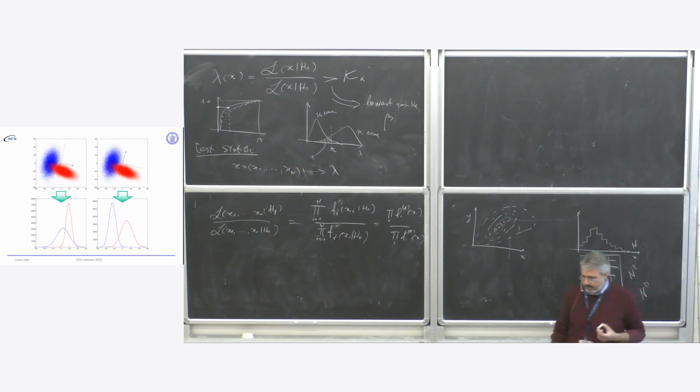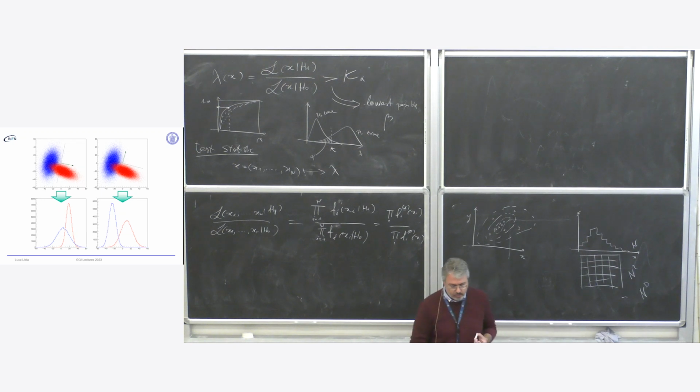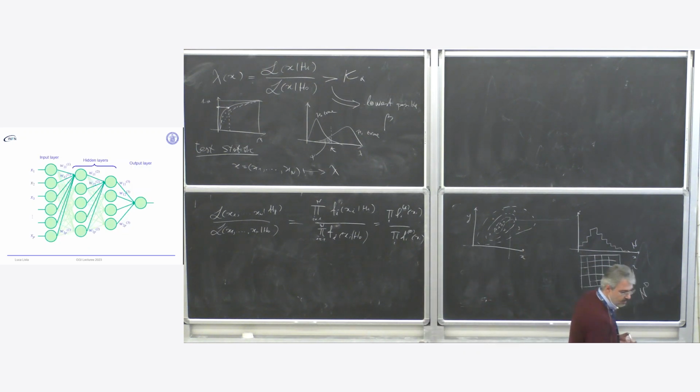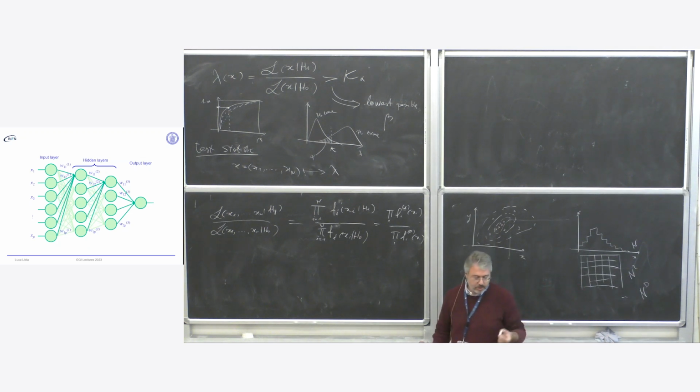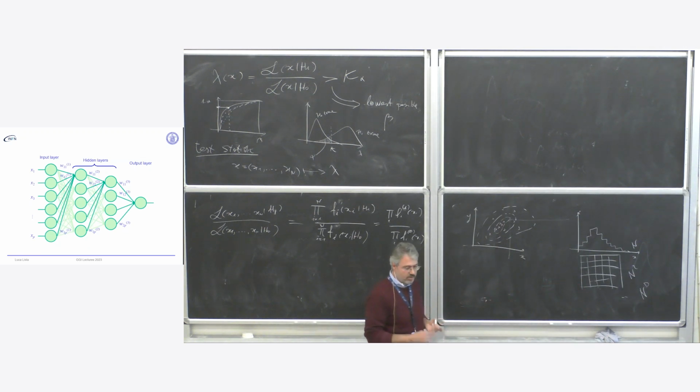And many algorithms that are used in high energy physics, but not only in high energy physics, rely on machine learning. And here you see an example of machine learning. So what do we want to do?